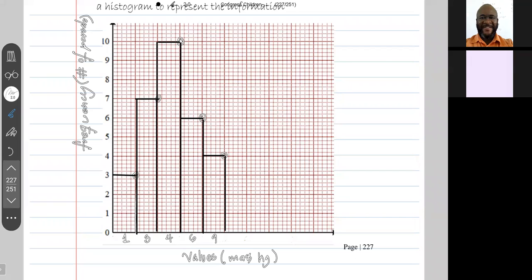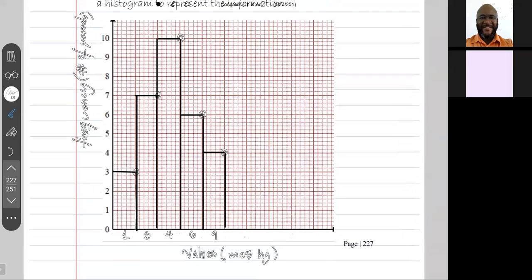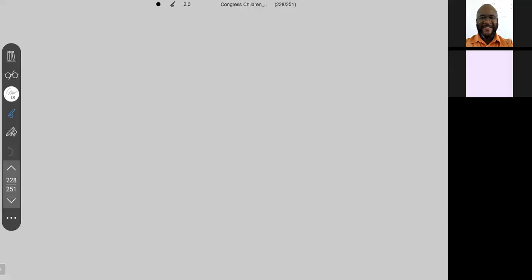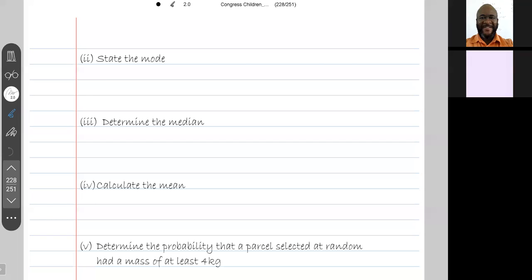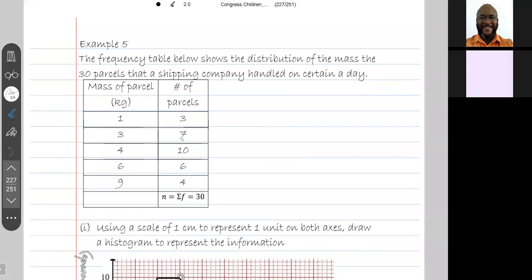So what's the next thing we're asked to do? We're asked to state the mode. Now the mode is the value that occurs the most. When you have a frequency table, the mode is the value with the highest frequency. The highest frequency is 10, and that corresponds to the value 4.